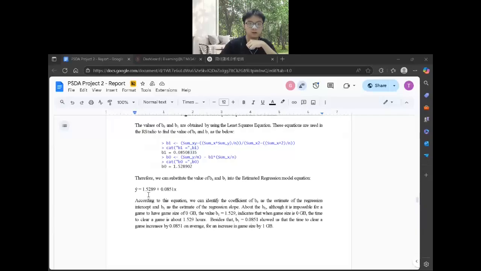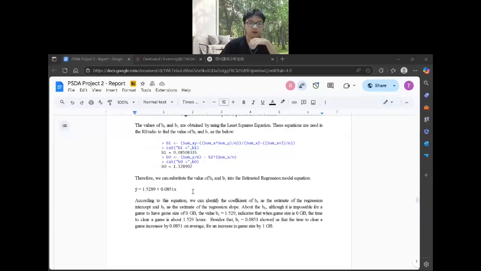This indicates that when the game size is 0 GB, which is gigabyte, the time to clear a game is about 1.529 hours. Although it is impossible for a game to have a game size of 0 gigabytes, the value will automatically become 1.5289.